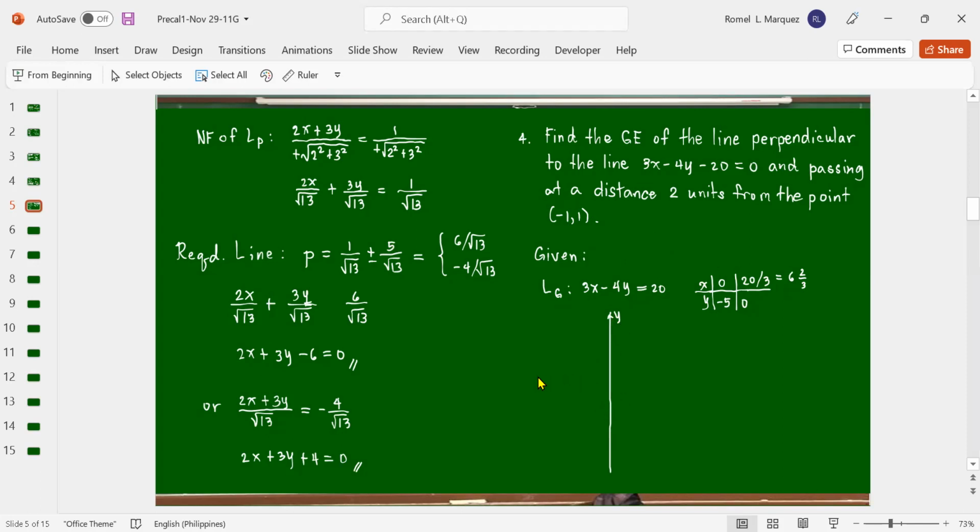Y-axis. X-axis: 1, 2, 3, 4, 5, 6, 7, 8. Negative 1, negative 2, negative 3, negative 4, negative 5, negative 6, and on the y-axis positive 1, positive 2.